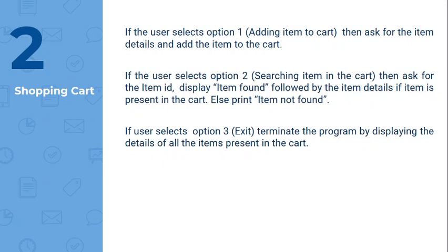If the user selects option 2, which means you are searching an item, then you have to ask the user to enter the item ID. If the item is found, you have to display item found, else display item not found. And the third option is exit. You have to exit by printing all the items that are present in the cart.